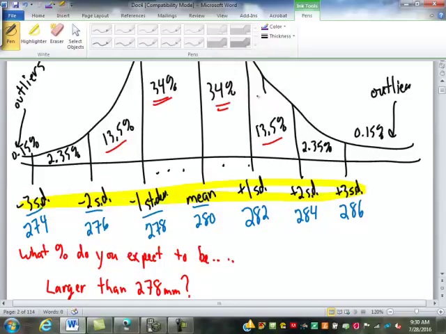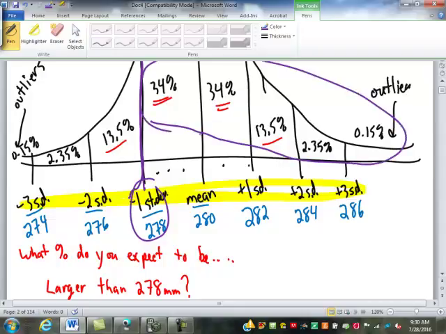Where's 278? That's right here, right? So that's my 278 millimeters. Larger than that would be up this way, right? So to find what percent is larger than 278 millimeters, I just add all those percents together. If I add them together, I should get 84%.